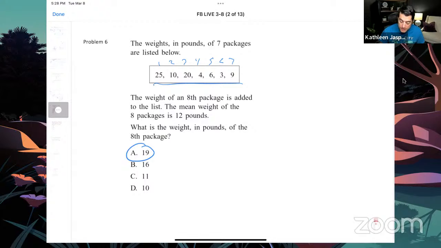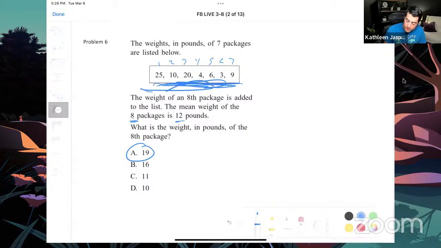So this is the same concept here, because it's all about that. They tell you that the mean weight of 8 packages is 12 pounds. So what can we do with that information? Well, we know that not all of them are 8 pounds, right? If they were all 8 pounds, it'd be easy, but they're not.